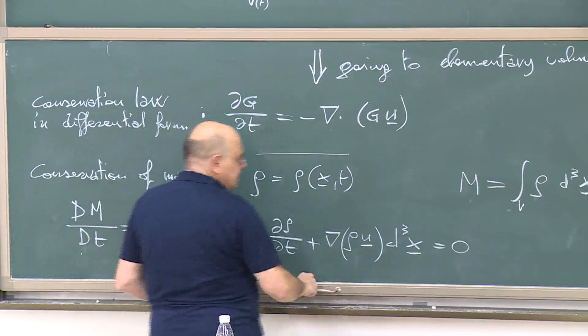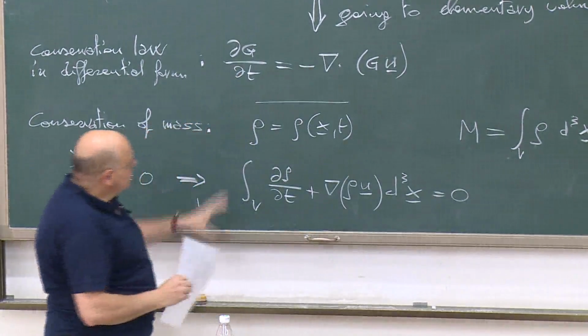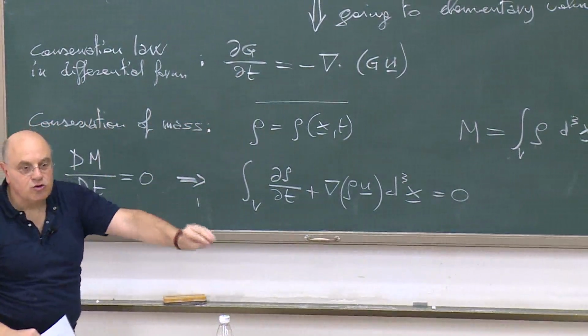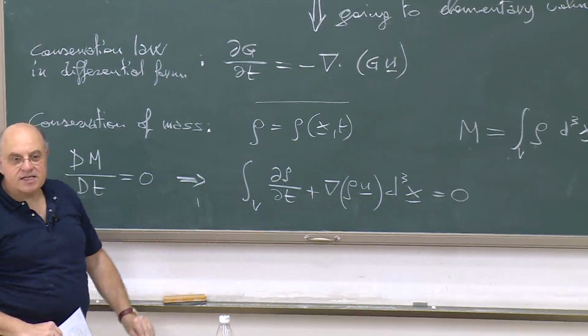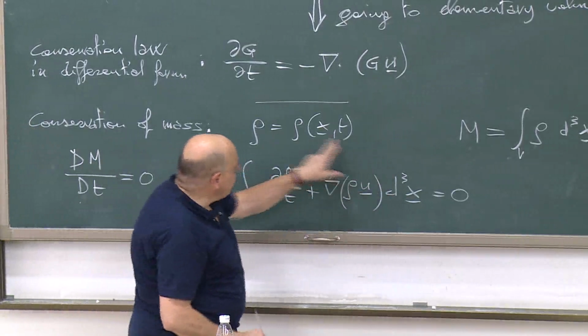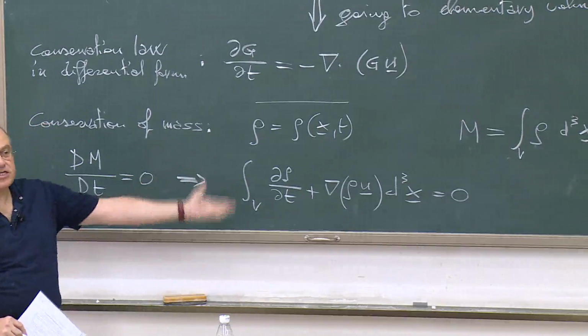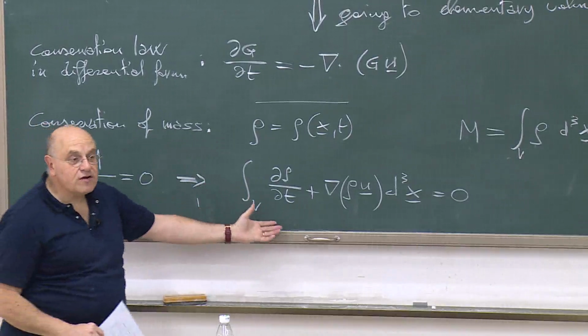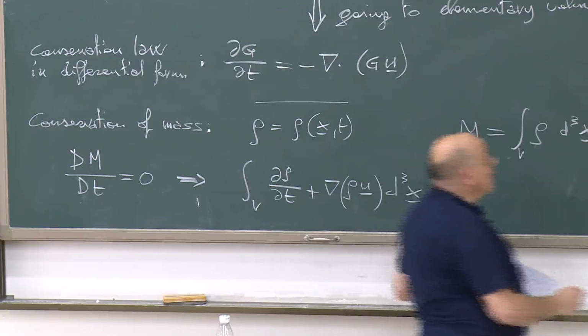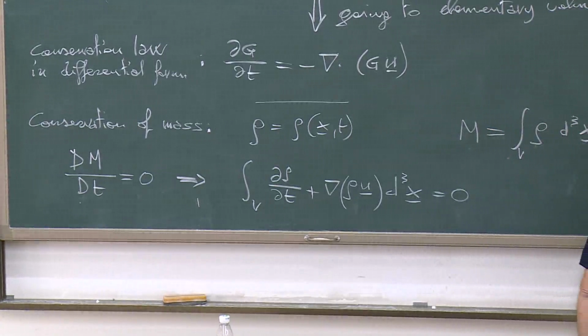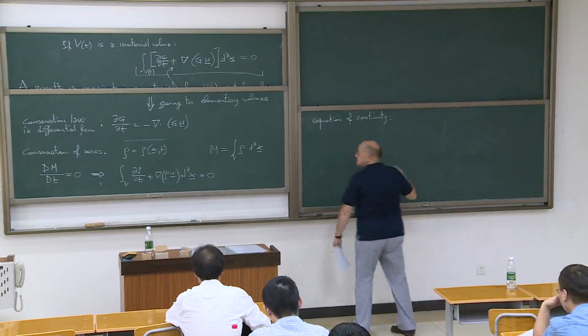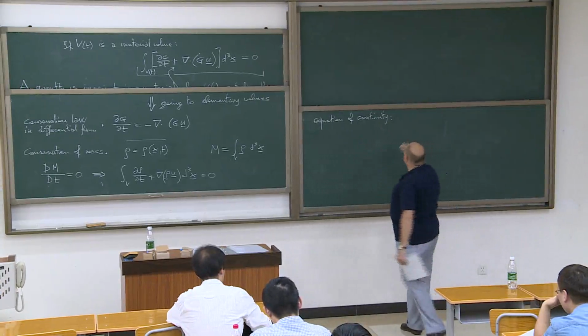And because the context is that we can go to very low scales, we can look at the differential form of this conservation law. And the differential form of this conservation law is just the equation of continuity that states conservation of mass.